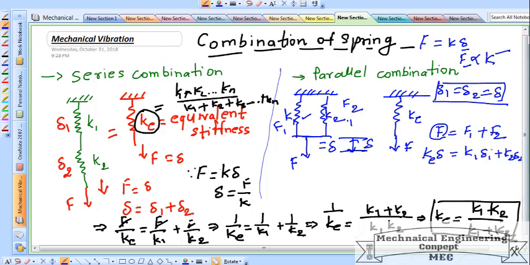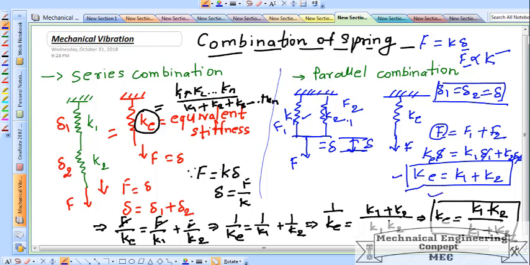As del 1 and del 2 are equal to del, it will cancel out, and the equivalent value will be Ke equals K1 plus K2. So this is the value of equivalent stiffness in a parallel combination.